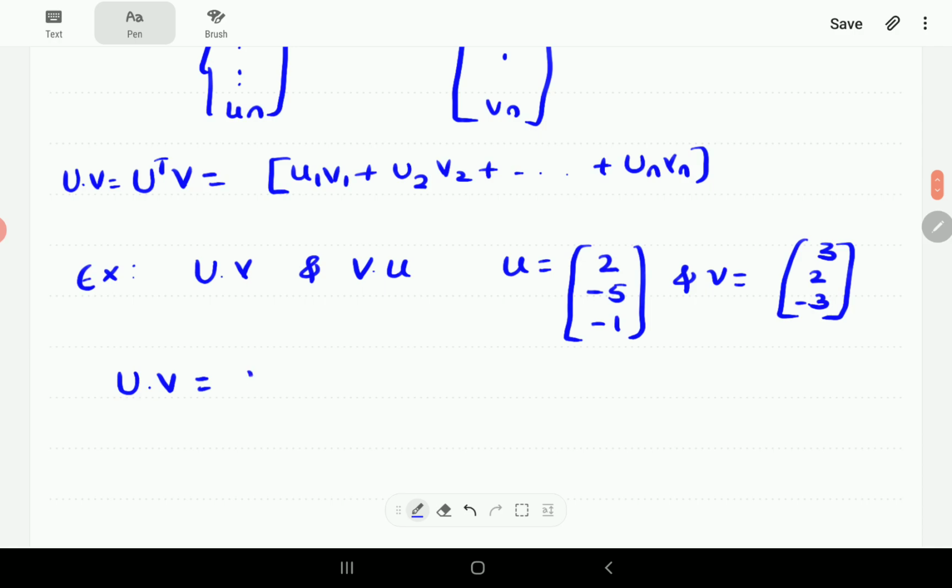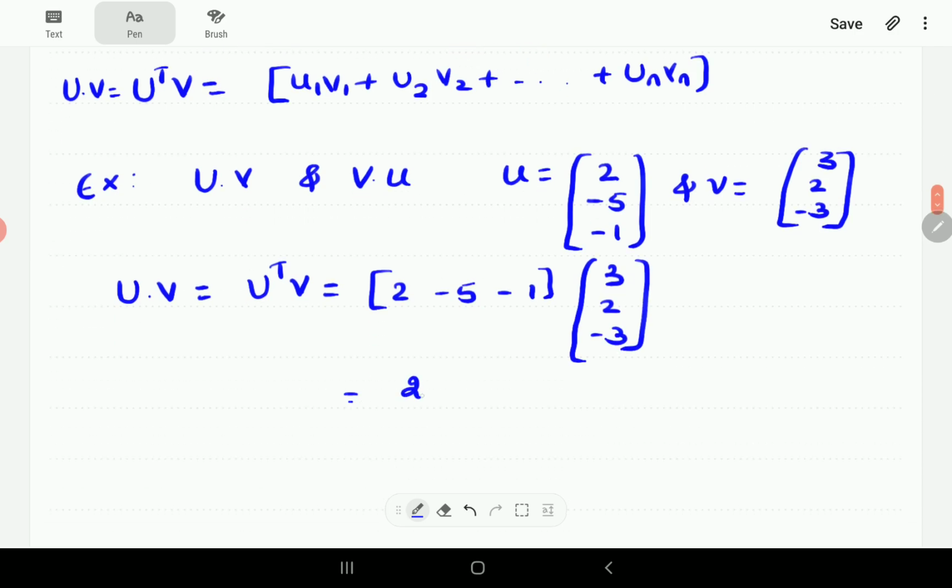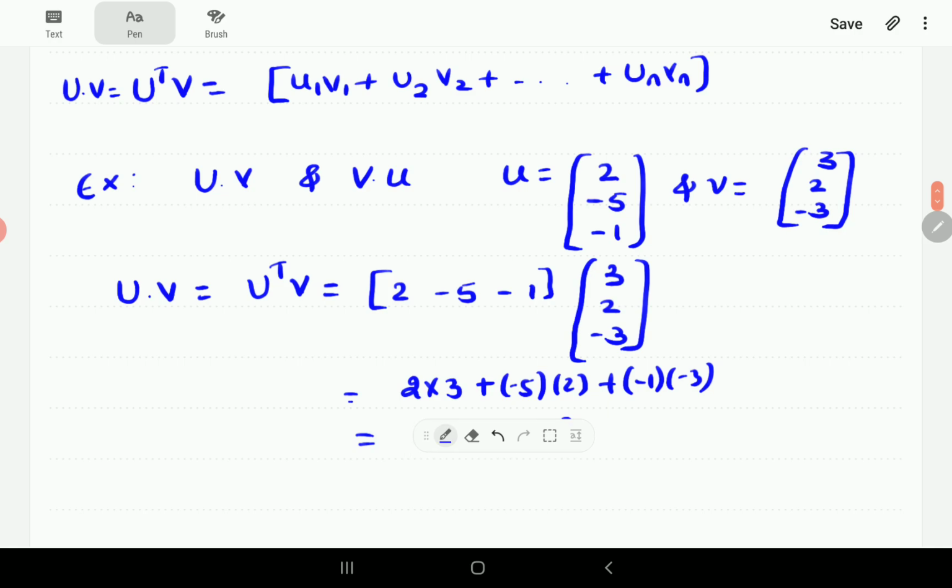By the definition, it is u transpose times v. So the transpose of u, that is 2, -5, -1, times v, that is 3, 2, -3. This is equal to 2 times 3 plus -5 times 2 plus -1 times -3. This is equal to 6 minus 10 plus 3.